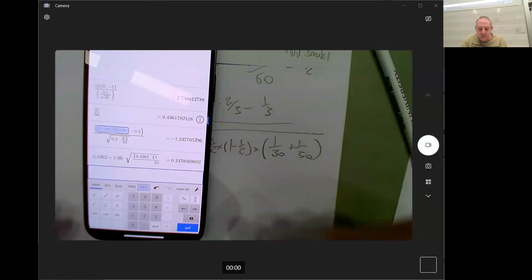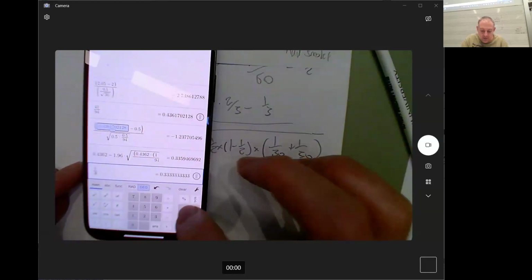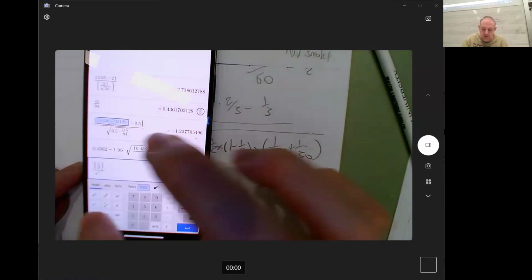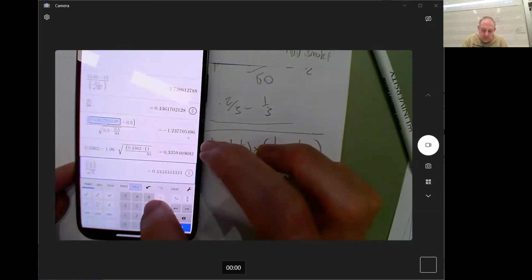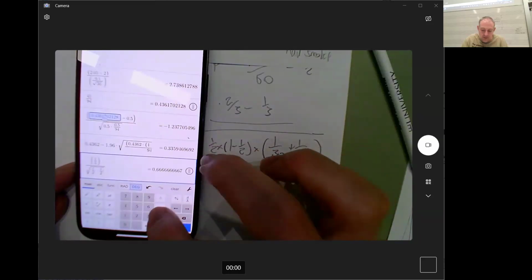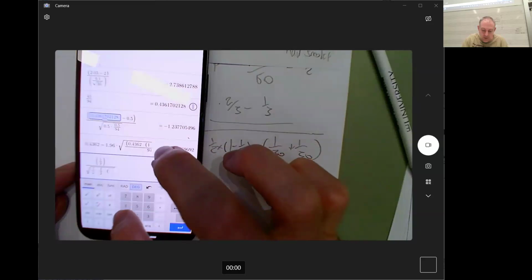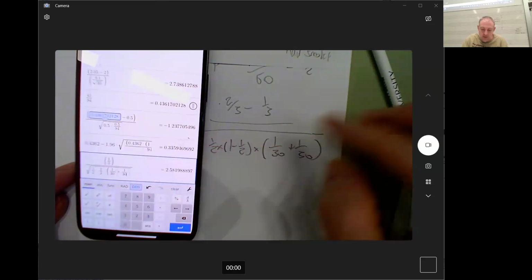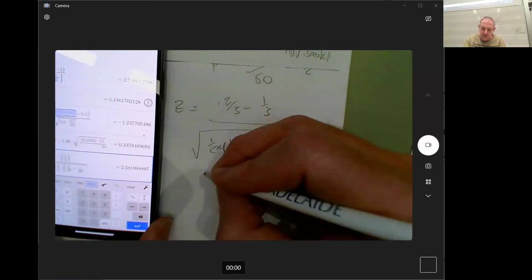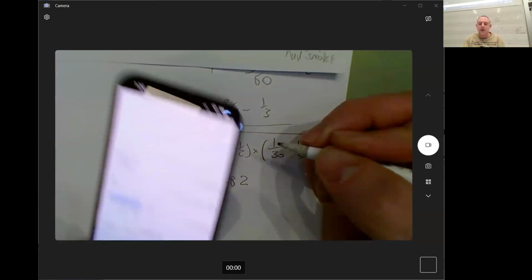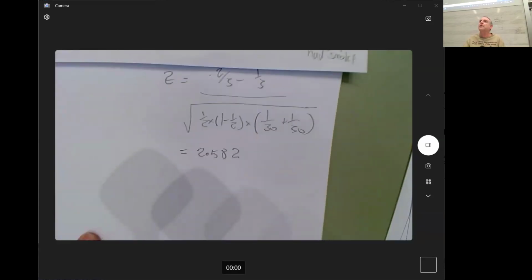Well, 2/3 minus 1/3 is 1/3, and I'll divide that by a big square root, and under this we've got a half times a half times 1 over 30 plus 1 over 30. It's 2.582. And that number is huge, right?